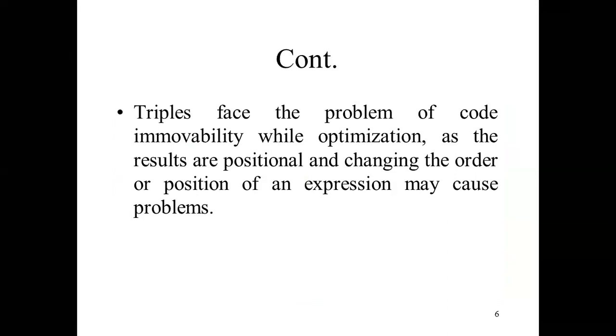Now triples face the problem of code immovability while optimization, as the results are positional and changing the order or position of an expression may cause problems. So in case of triples, we will use the position. In case of quadruples, we defined different temporary variables, but in case of triples, we will use positions.